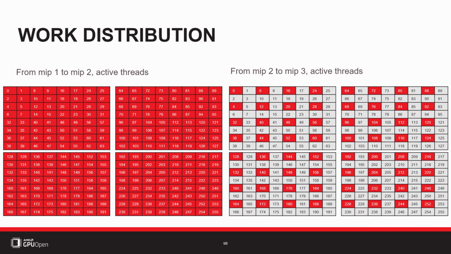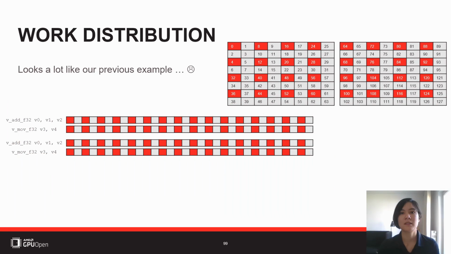So this leads us to a thread activity pattern like this. And if you remember well from the beginning of my talk, then yes, this looks very much like our previous example, the one which, if you can remember, was not really efficient, because we have to issue all wavefronts, all lower and upper parts in case we're running wavefront 64, and we can't skip anything here.